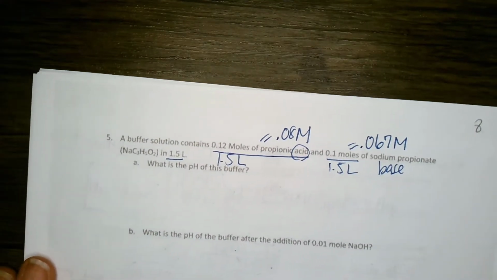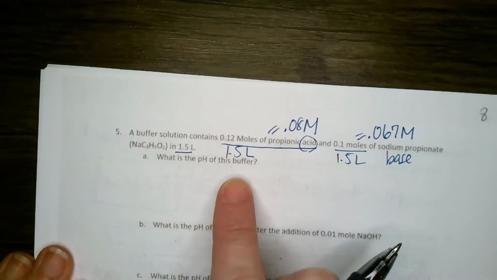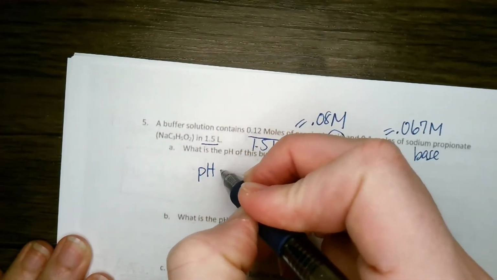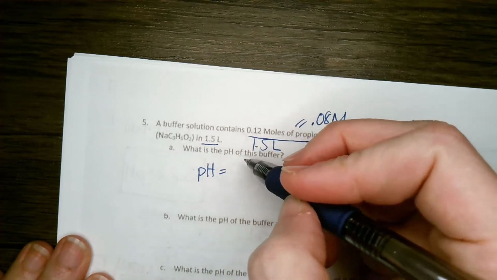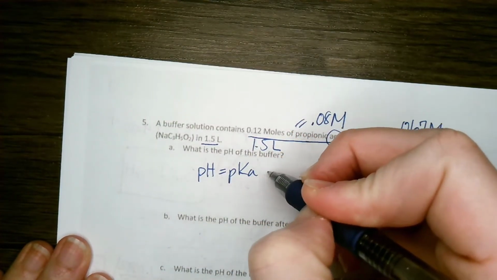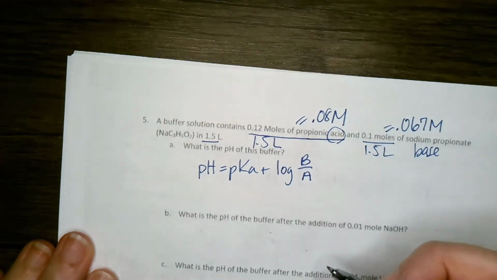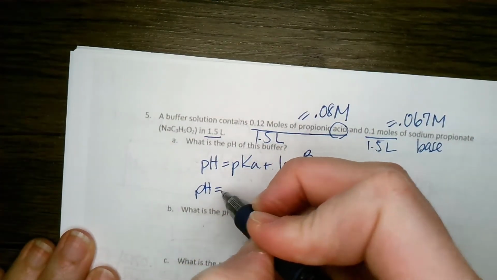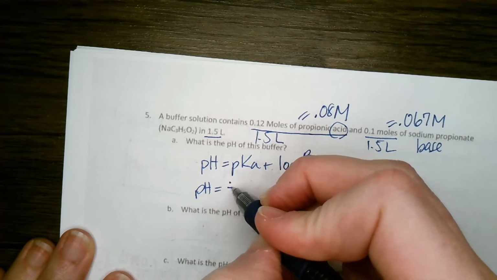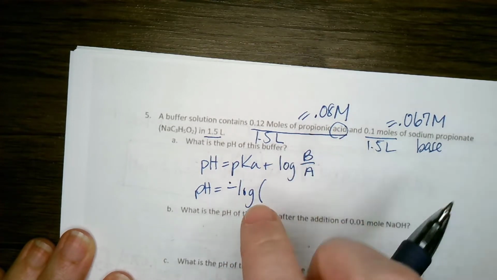Okay, so what is the pH of this buffer? Well, we know that pH is equal to the pKa plus the log of base over acid. So pH is equal to the negative log of our Ka.